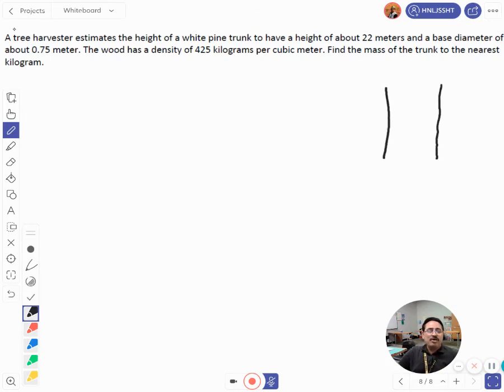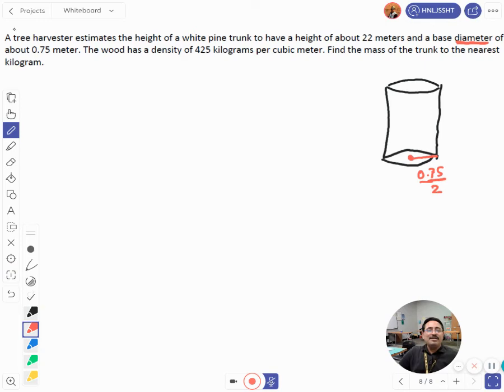You may draw the trunk, and you may draw the diameter, etc. I see that diameter is given, therefore you are expected to find the radius, which is half of the diameter, which means 0.75 over 2. Please make use of a calculator in order to get what the radius is exactly.